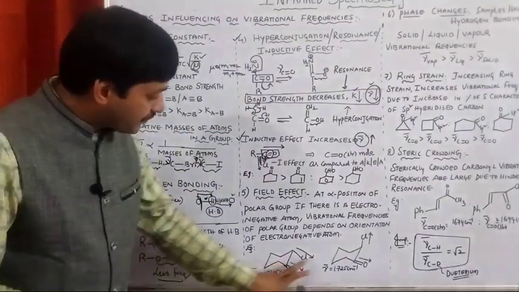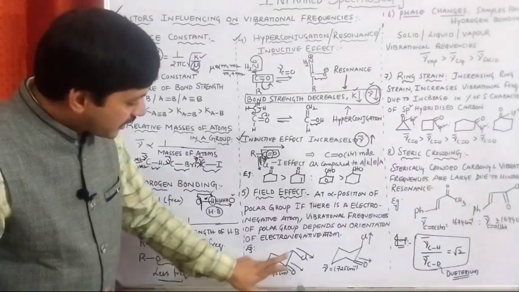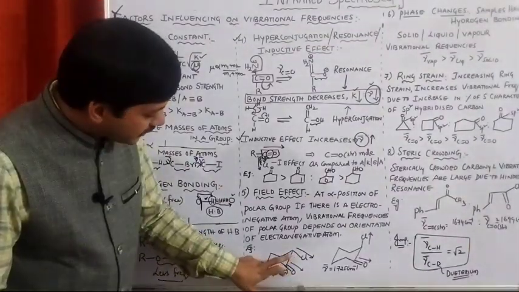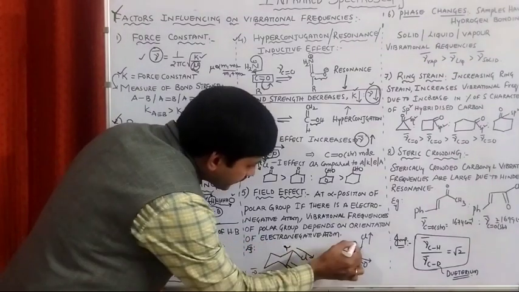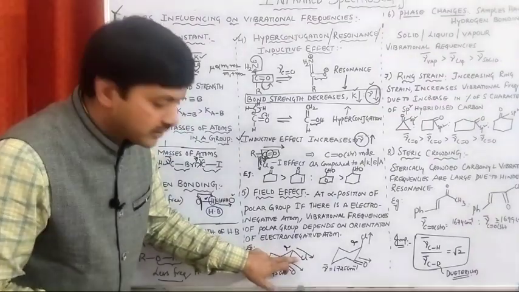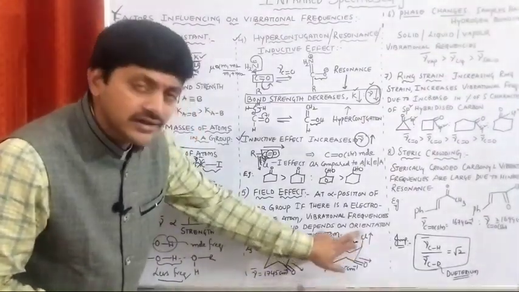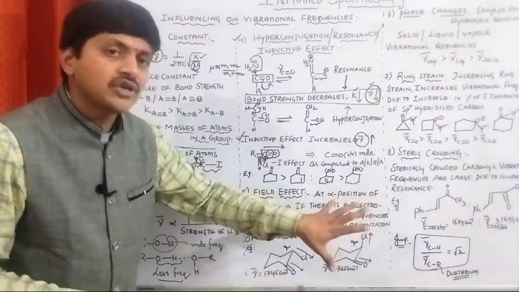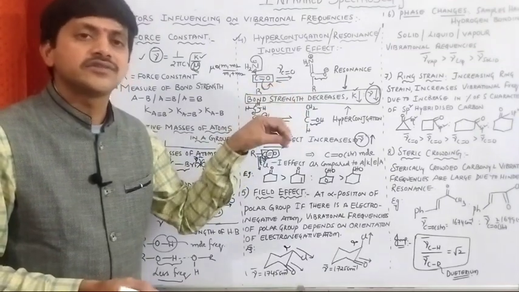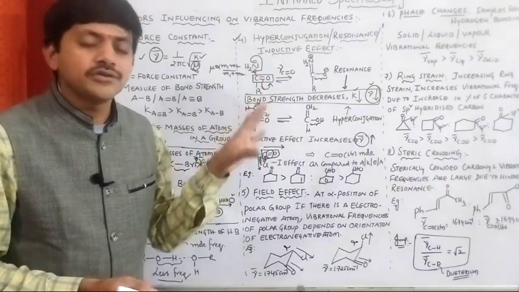See this one, here we have the chair conformation of an alpha chloroketone. In the first case, at the alpha position, the chlorine is present in the equatorial position. In the second case, the chlorine is present in the axial position. Already we know that IR spectroscopy mainly deals with compounds having a permanent dipole moment or an induced dipole moment.